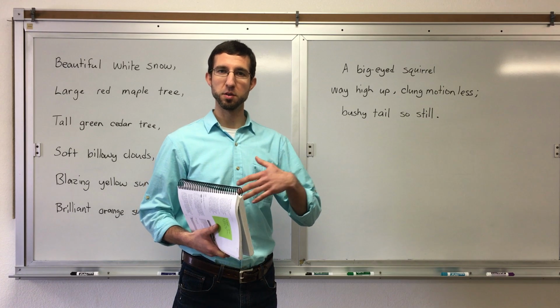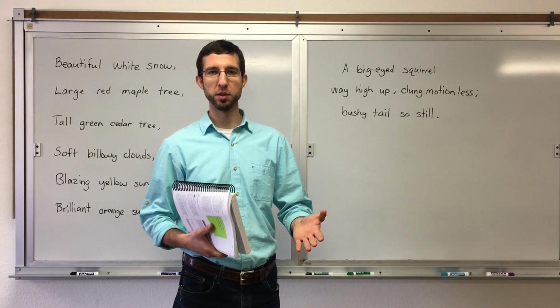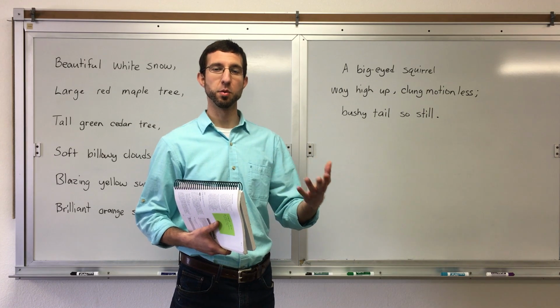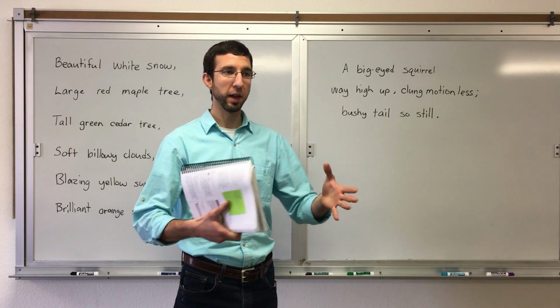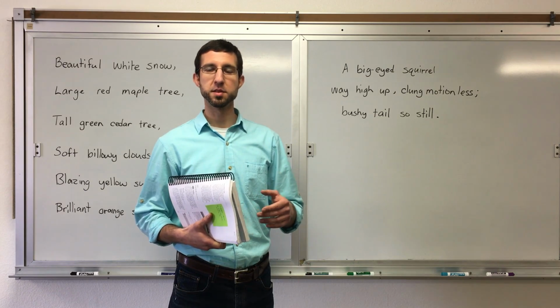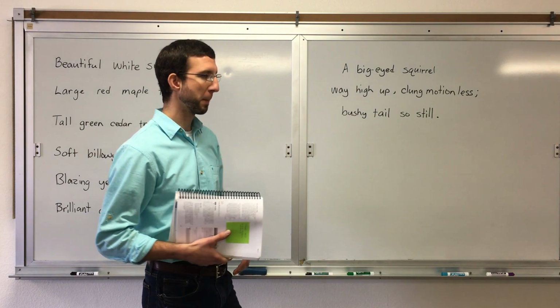One is they still use figurative language. They use descriptive words and language that creates pictures in our minds. And the other thing is there's a pattern to the words.